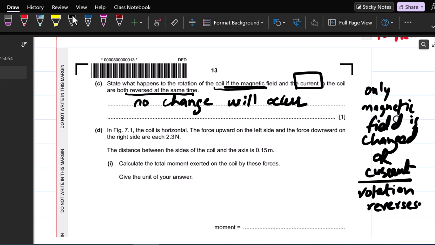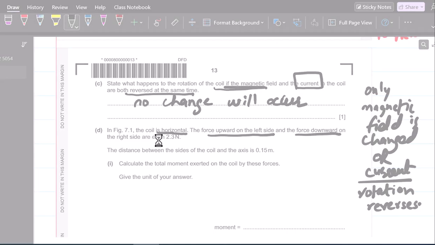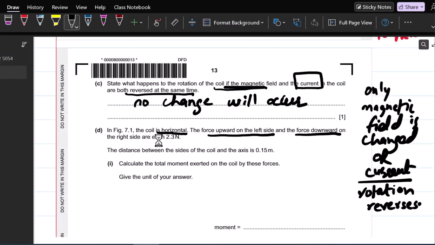Now D part. In figure 7.1, the coil is horizontal. The force upward on the left side and the force downward on the right side are each 2.3 Newton.